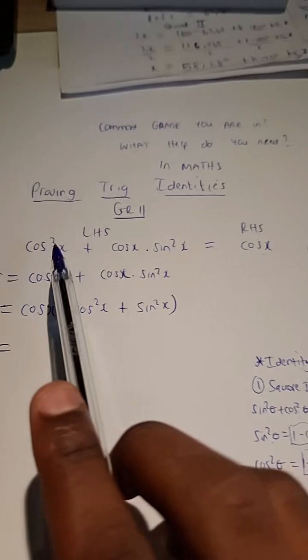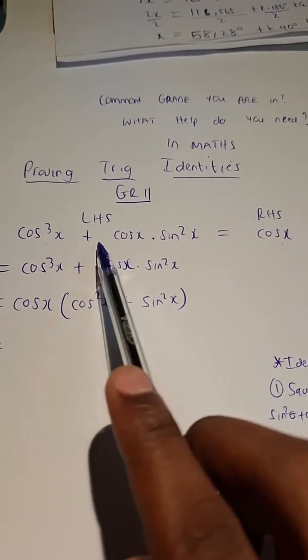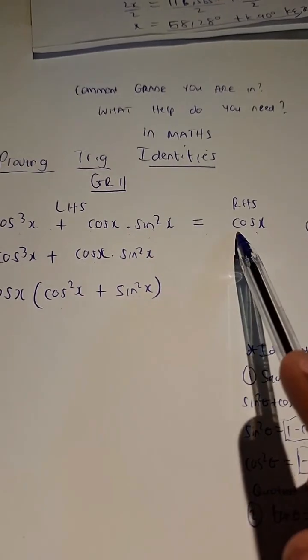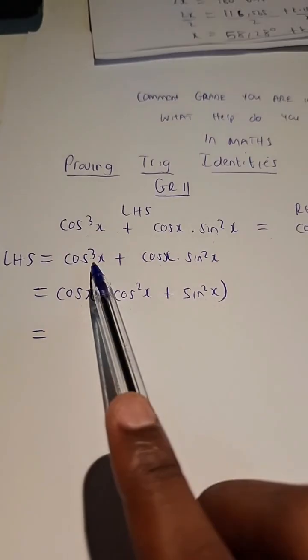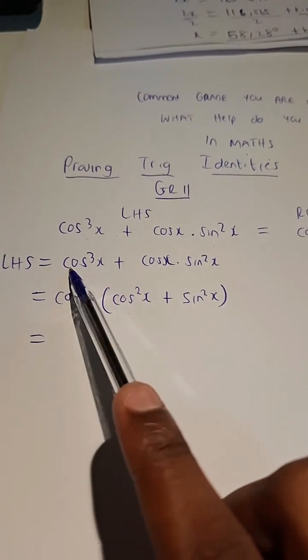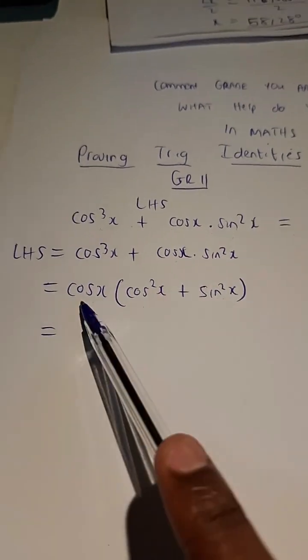This was the question: cos to the power 3x plus cos x times sine squared x is equal to cos x. That was the question. Now, I took the left-hand side, which is most complicated, cos to the power 3x plus cos x times sine squared x.